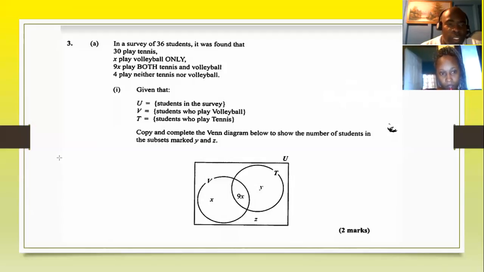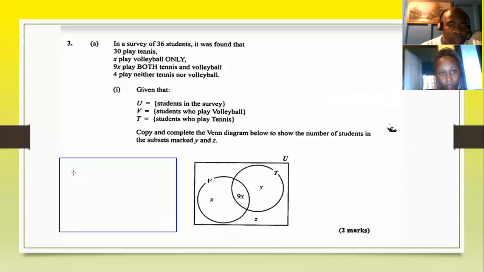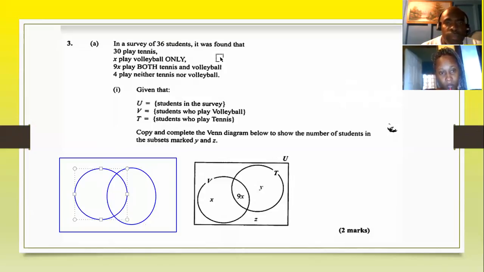Redraw it to the corner here. Put in two circles.